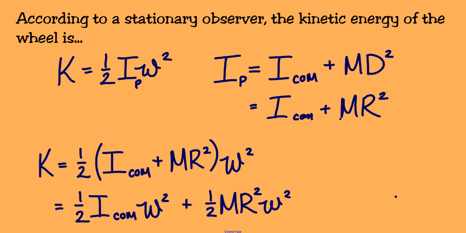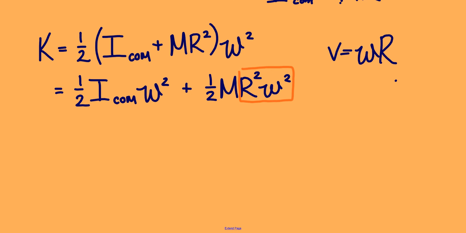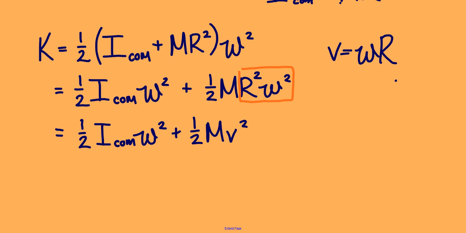And we learned that when something is rolling smoothly, the velocity can be expressed as the angular velocity times the radius. That means that the radius squared times the angular velocity squared would simply be equal to the linear velocity squared, which means my kinetic energy could be expressed as 1/2 times the moment of inertia times omega squared plus 1/2 mv squared.